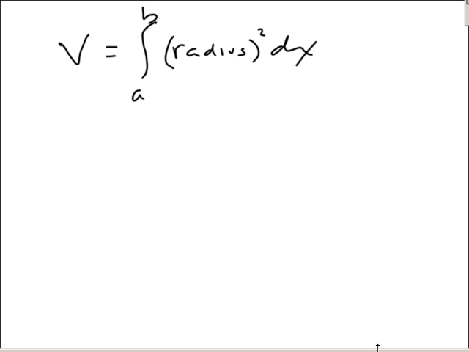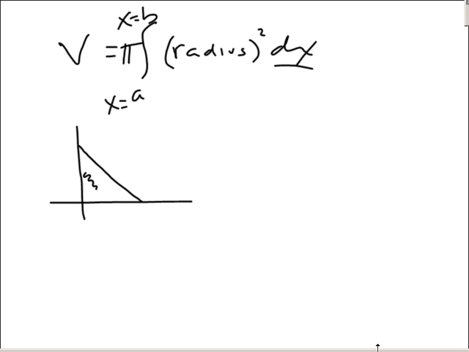Of course, if we do it with respect to y, then it won't be x going from a to b, it'll be y going from a to b, and we'll have dy here. So we want to revolve the following area.